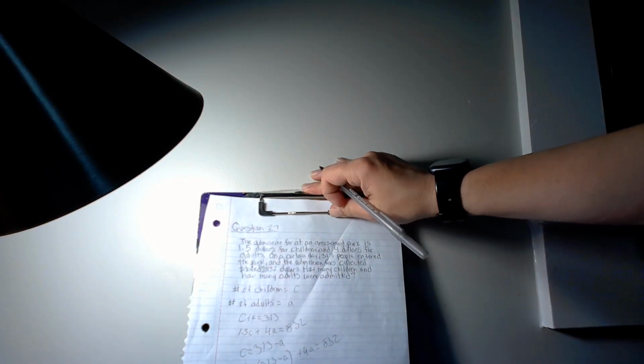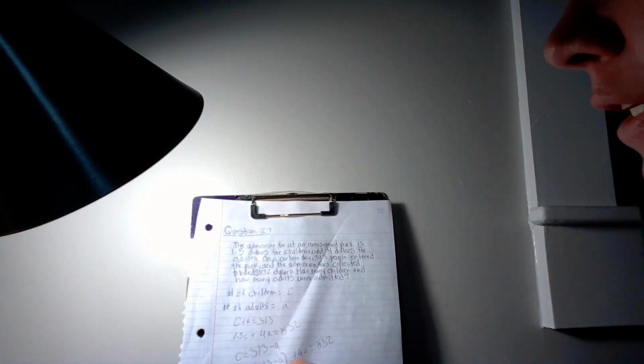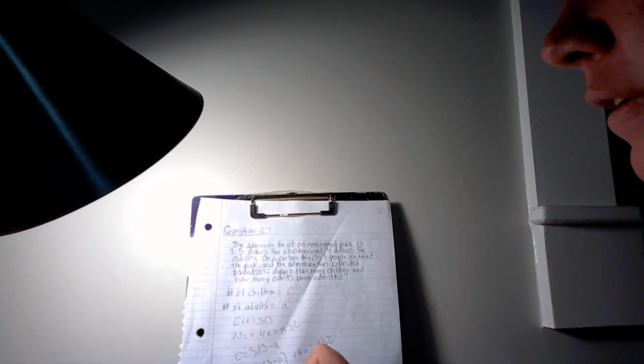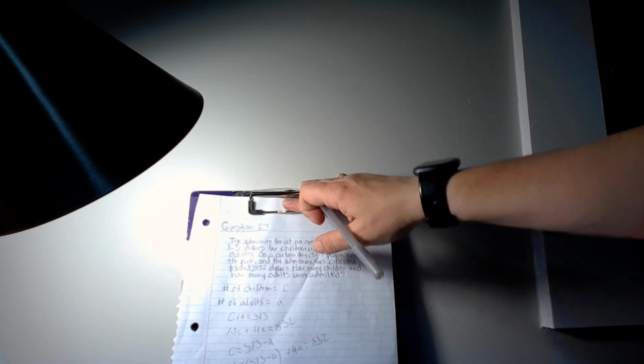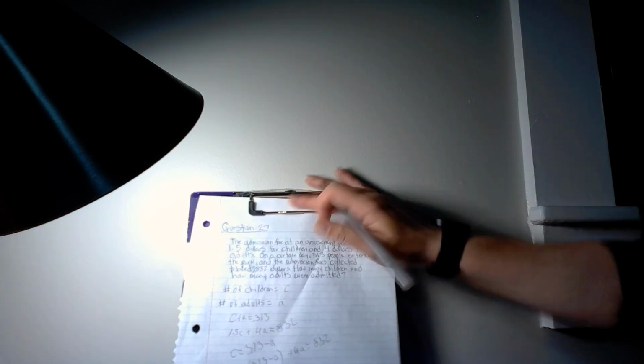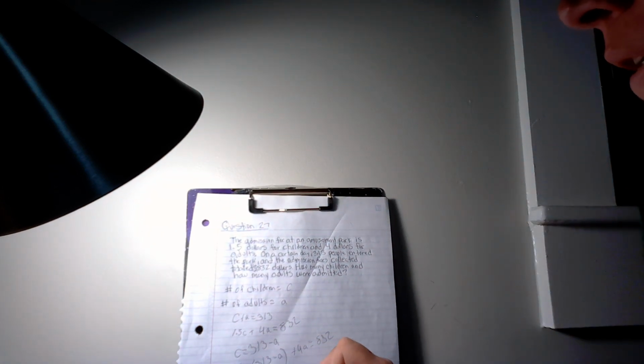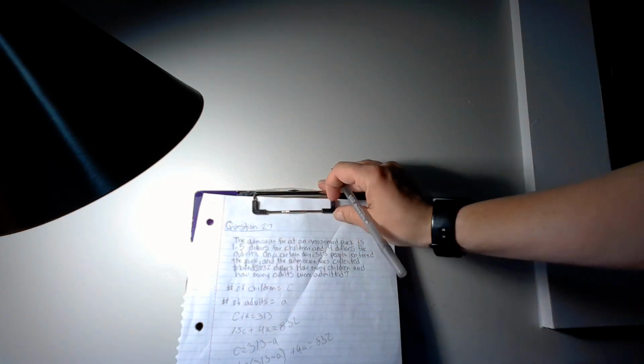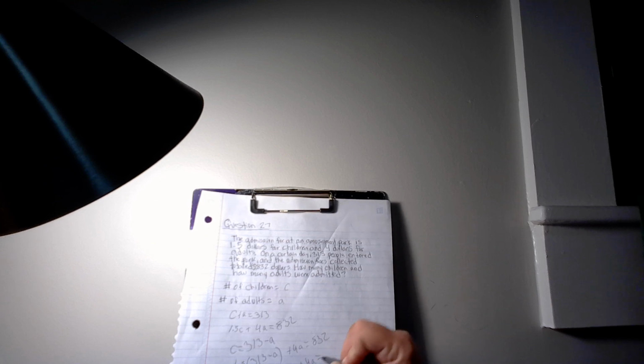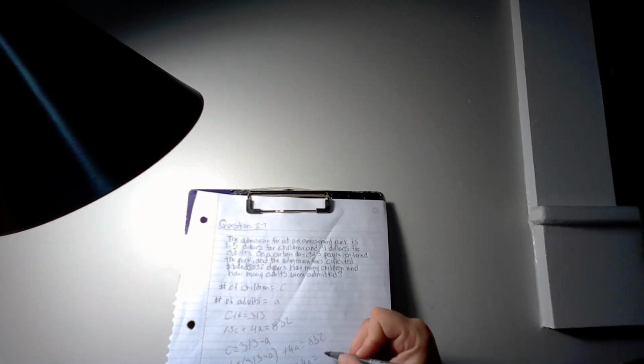From there, you would multiply, so it would be 469.5 minus 1.5A plus 4A, which would equal 832.